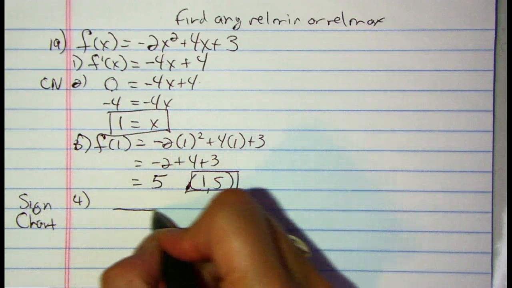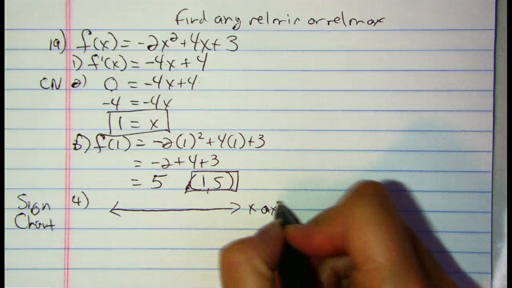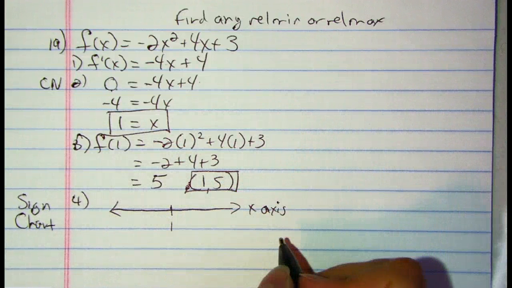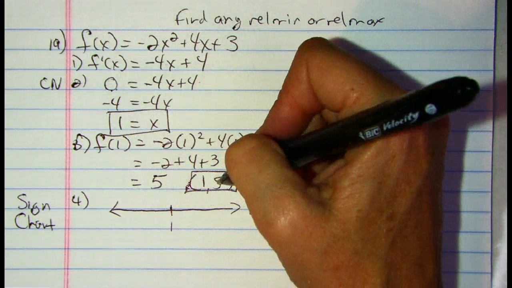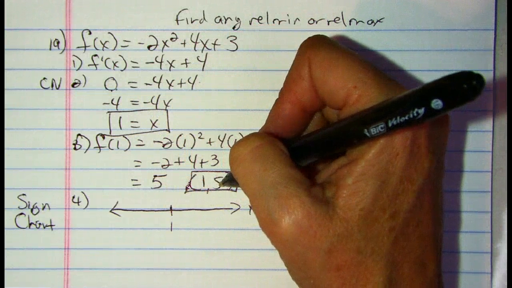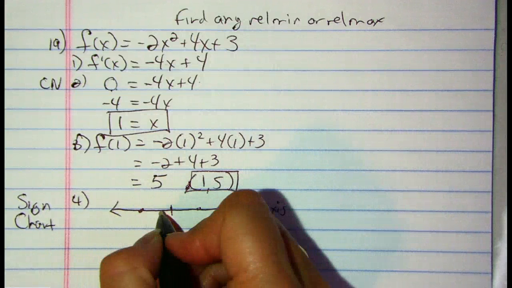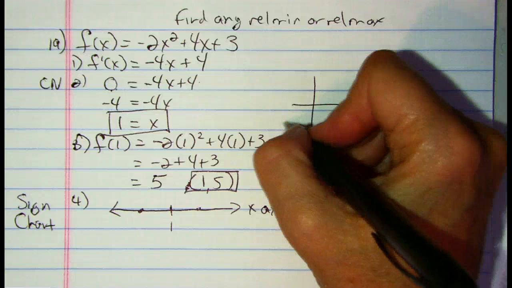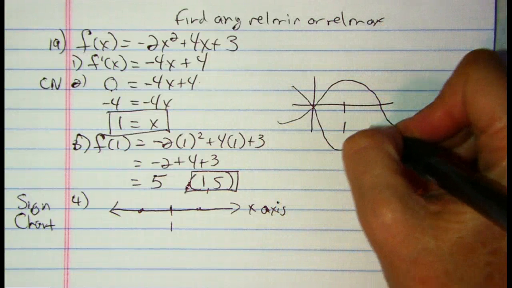So let's go ahead and create my x-axis, or a number line. I'm going to put on it the critical number 1. So on my original function, I could possibly have a relative min or a max at 1. So I'm going to pick a couple of test values on either side. I could pick any number I want, because again, at 1, somehow the function has a max there, or somehow there's some kind of a min there.